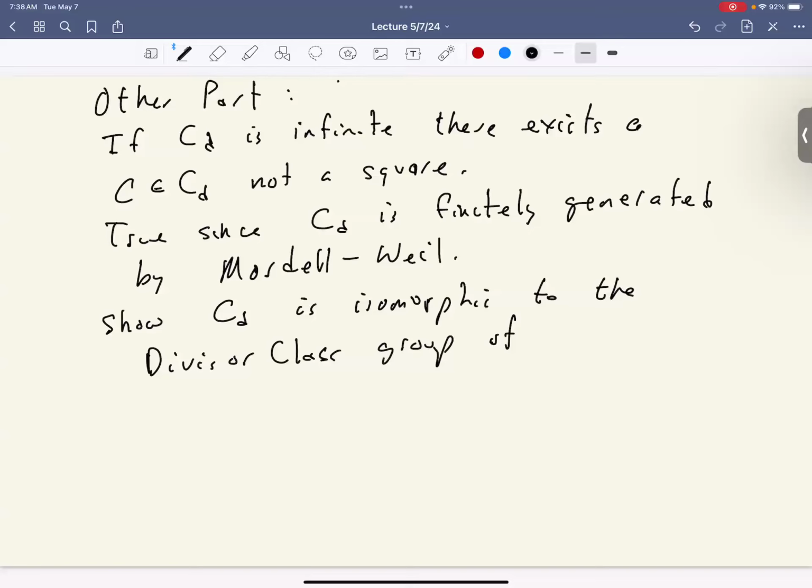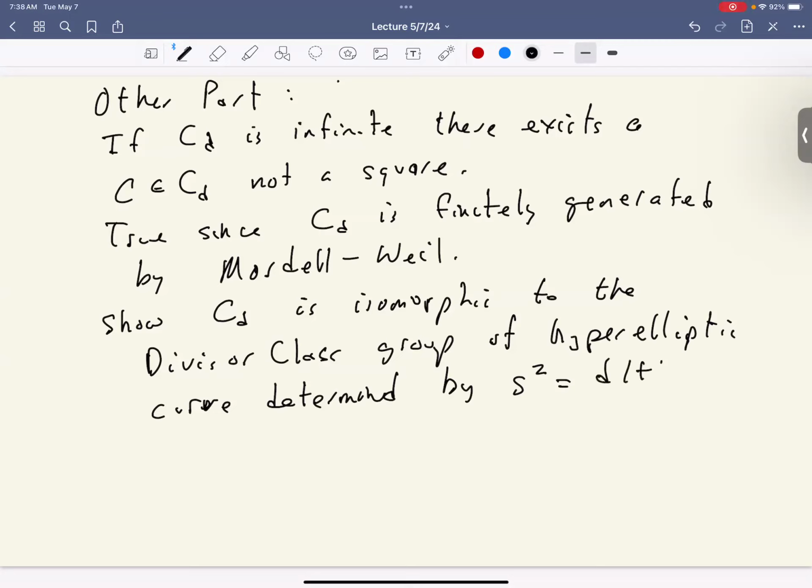of the hyperelliptic curve, a hyperelliptic curve defined or determined by, you can guess, s squared is equal to d of t.